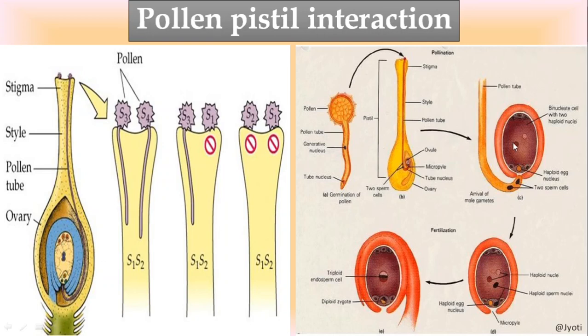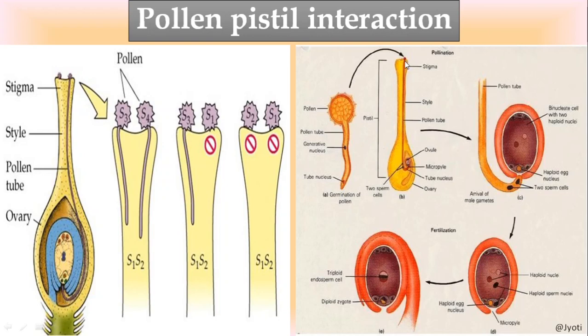Here is another, clearer picture. Here you can see how the germination has taken place, and at the tip of this pollen tube, the two male gametes are formed by the division of the generative cell. The generative cell divides to form two male gametes.